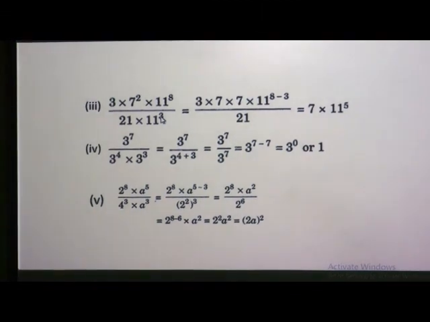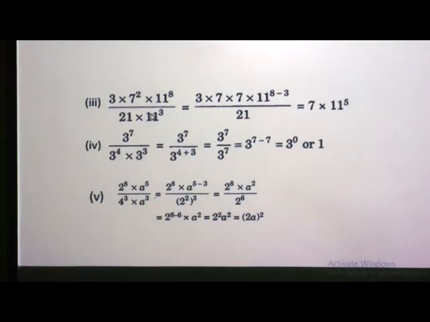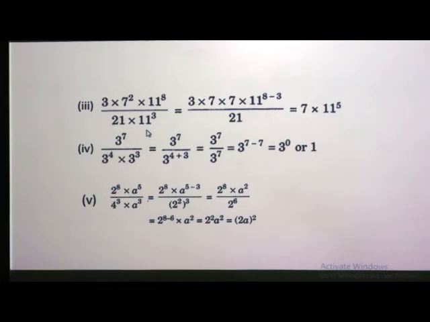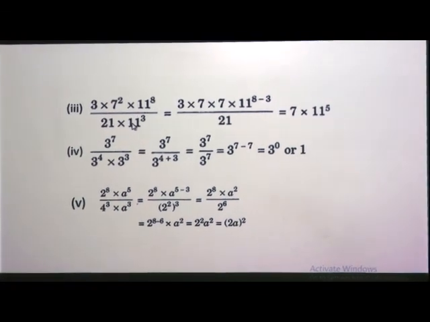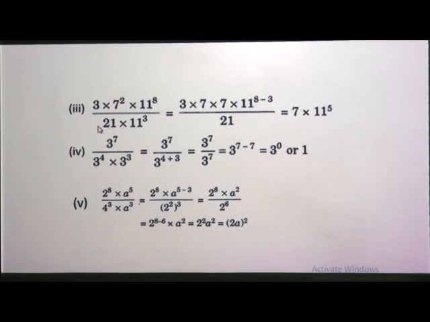Now, what do we have to do here? Here we have a common base, that is 11, 11. How to simplify 21? We will try to see here. 3 multiplied by 7 into 7, which is 7 square written in expanded form as 7 into 7, into 11 raised to the 8.